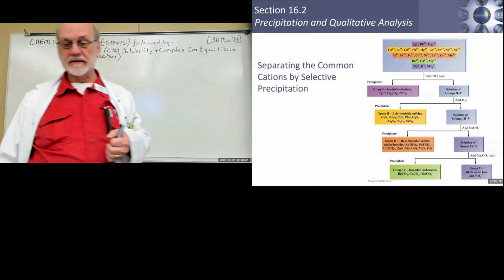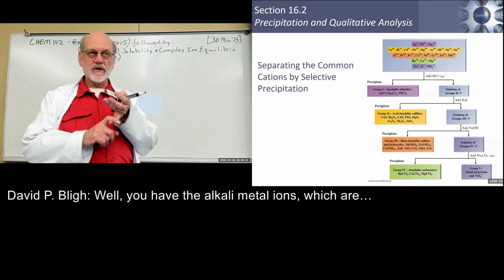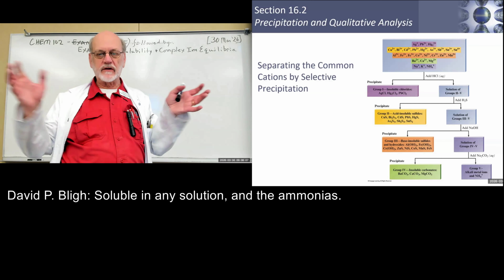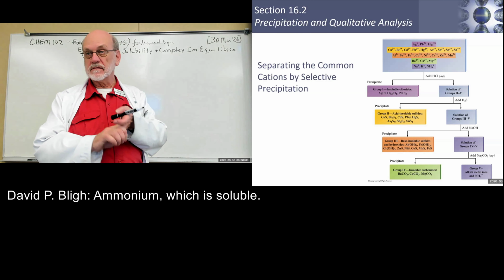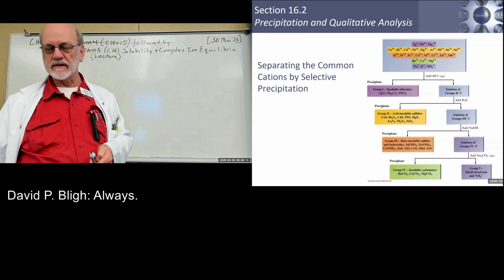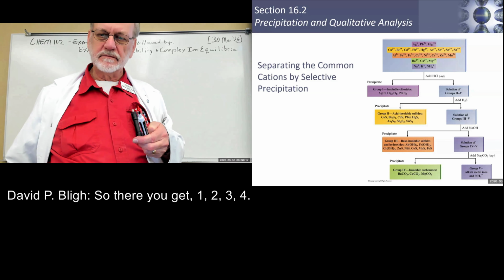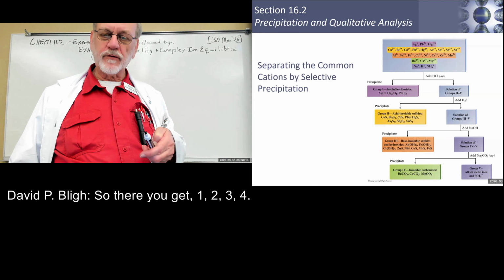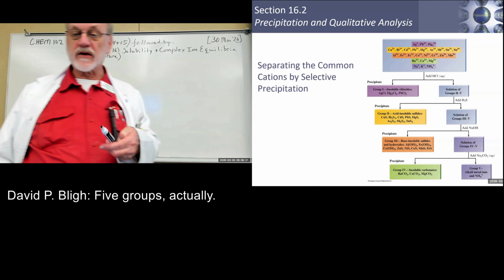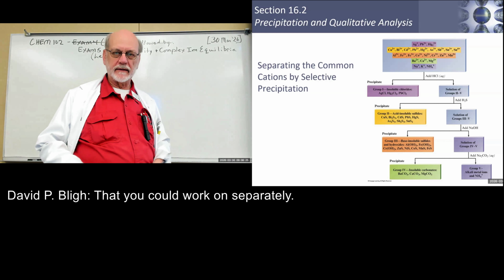And what do you have left? Well, you have the alkali metal ions, which are soluble in any solution, and the ammonium, which is soluble always. So there you get 1, 2, 3, 4, 5 groups actually that you can work on separately.